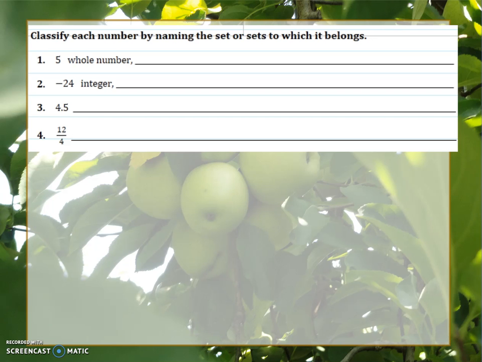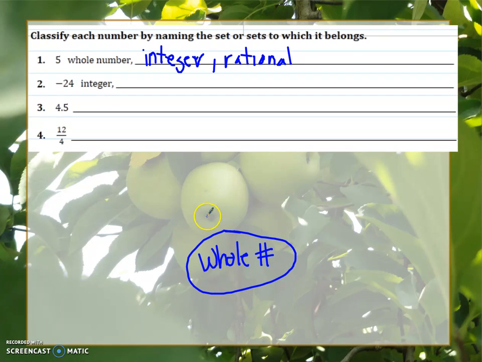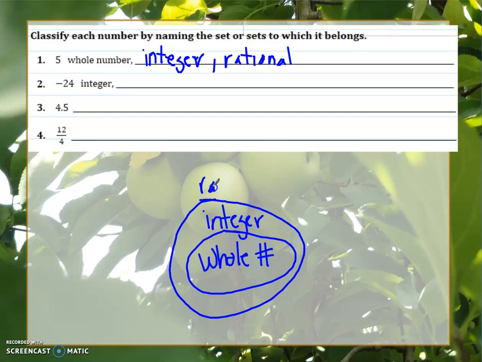5. Classify each number by naming its set or sets to which it belongs. Well, 5 is a whole number. It's also an integer, and it is a rational. Remember our graphic organizer. We have whole number, we have integer, and we have rational.